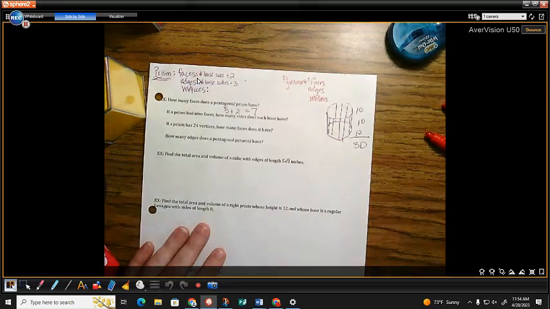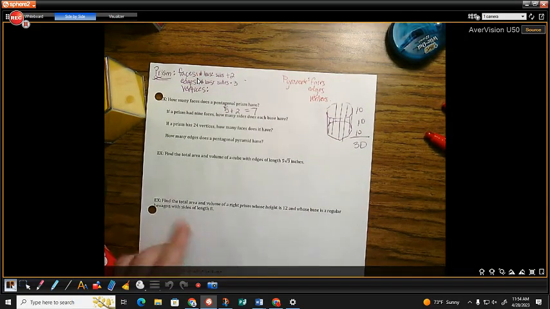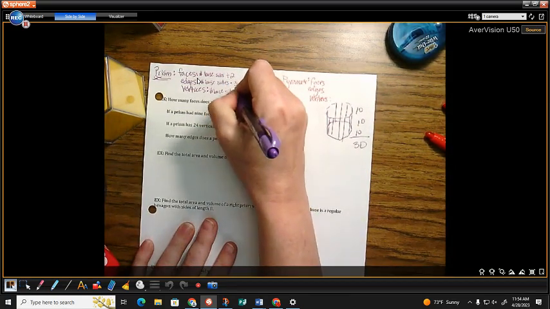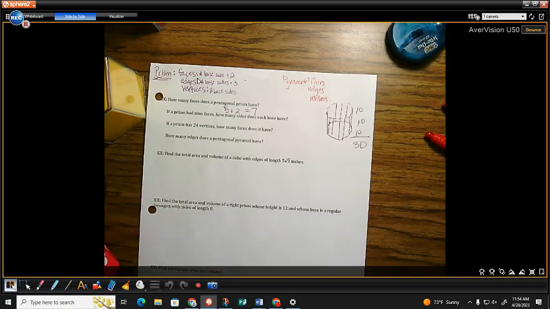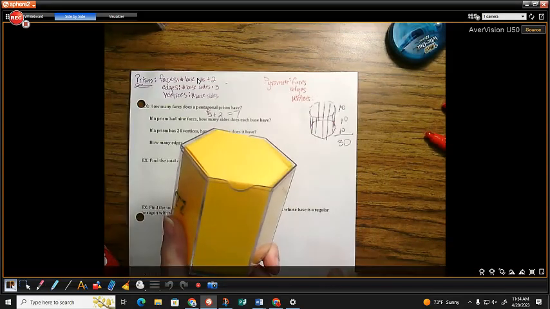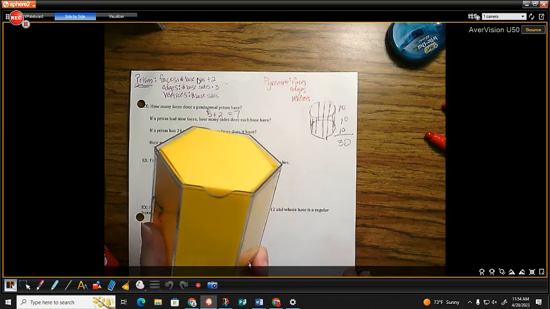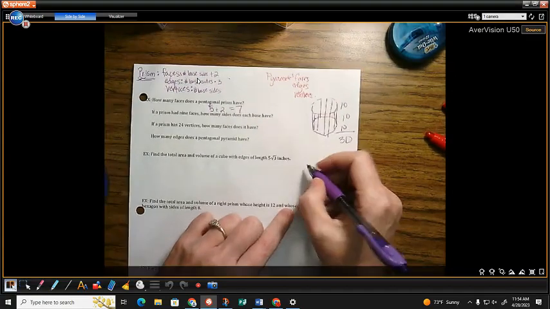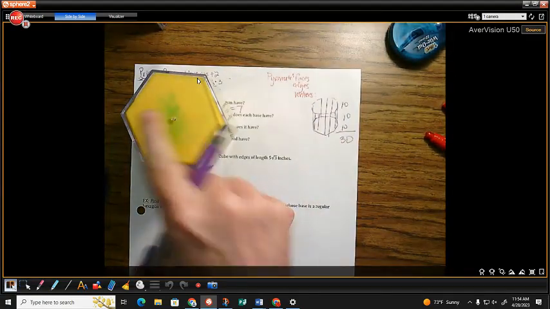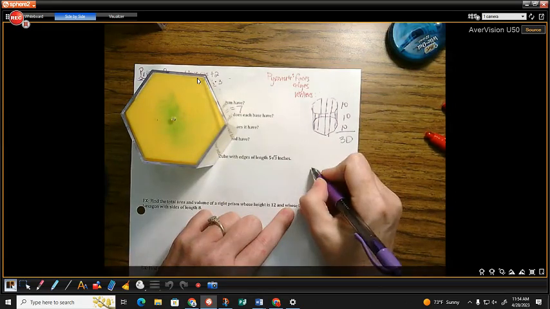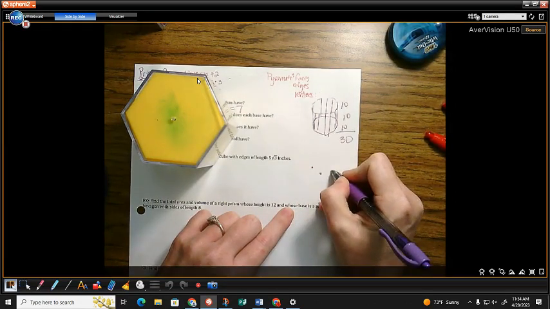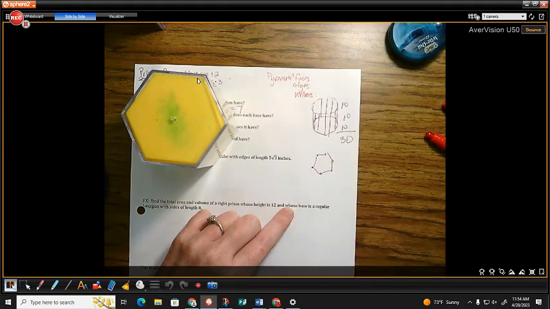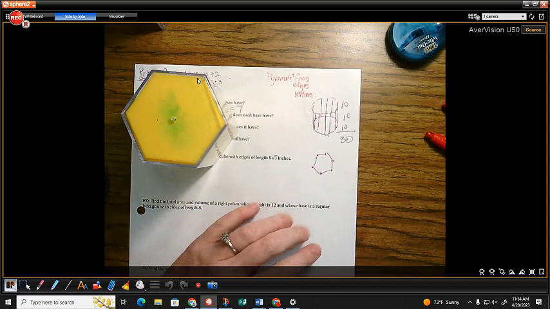What about the number of vertices? If I know how many sides my base has, can I figure out how many vertices will be on my prism? Well, let's think about it for a minute. If I knew my base was a hexagon, how many vertices will there be at the base? 6.